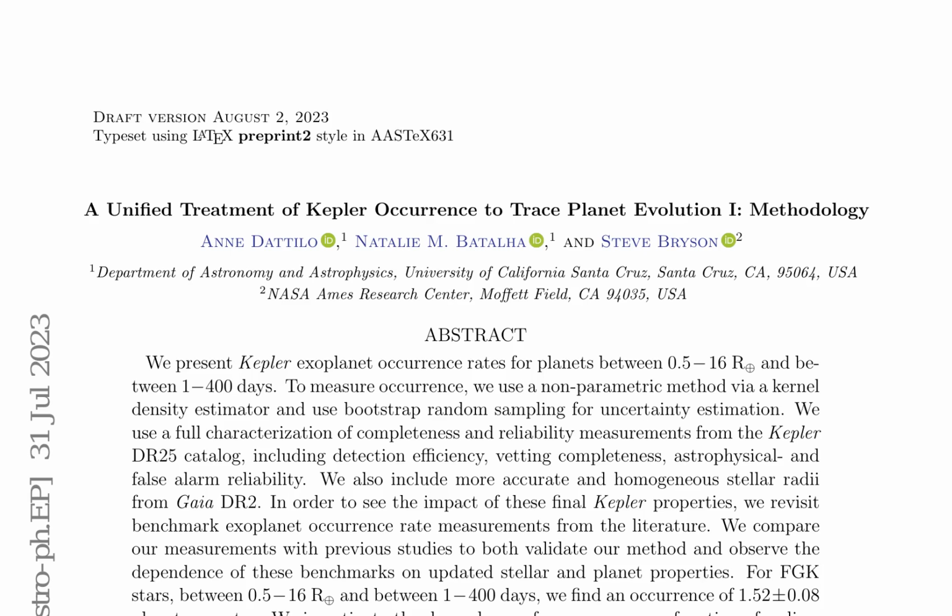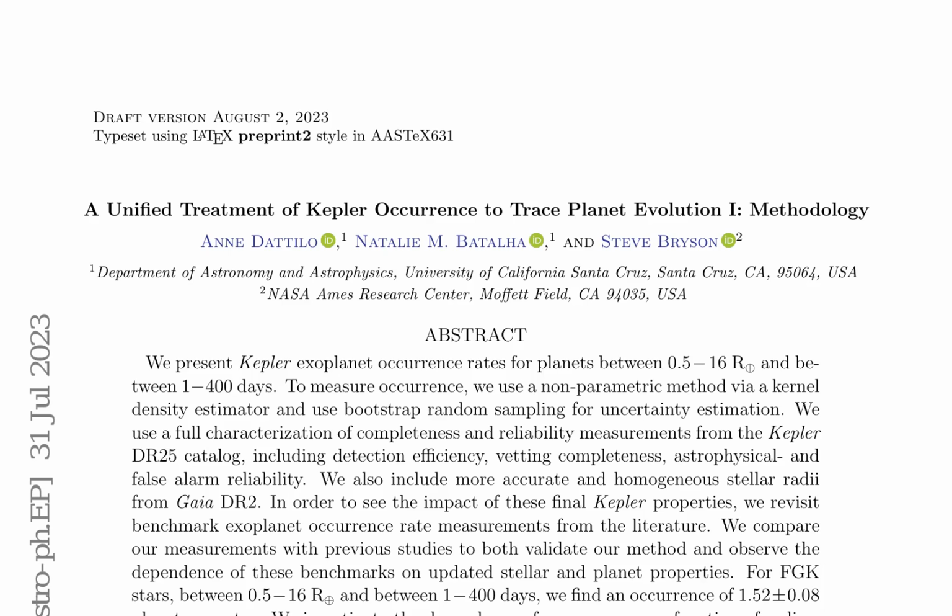These features are thought to arise from planet formation and evolution processes, such as core accretion, disk migration, and atmospheric escape. This research underscores the importance of precise stellar properties and reliability measurements in exoplanet studies, emphasizing the need for uniform and accurate planet catalogs to further our understanding of planet formation and evolution.